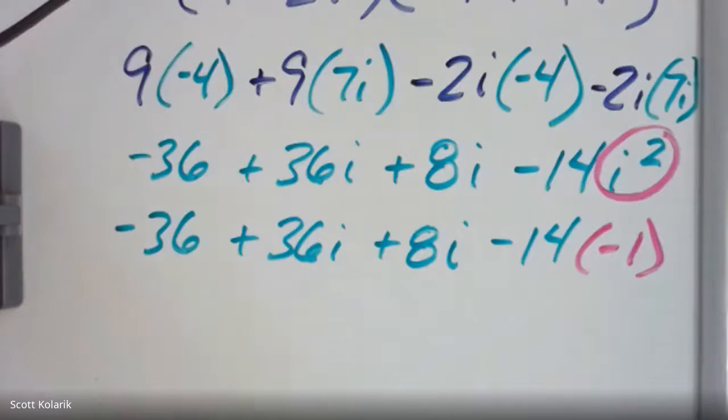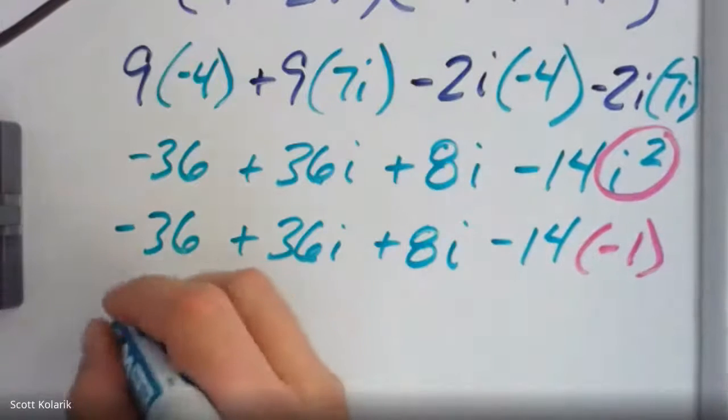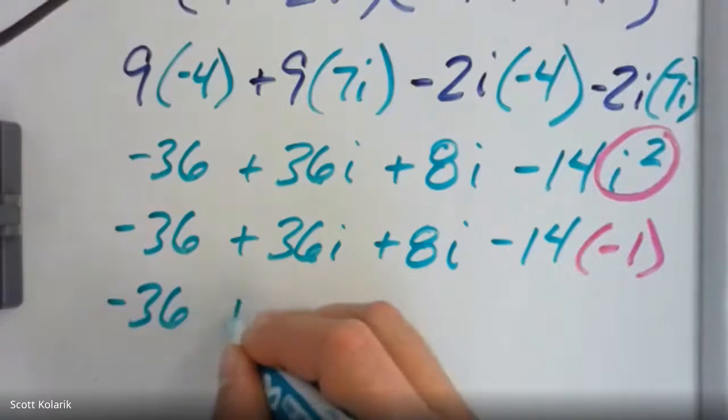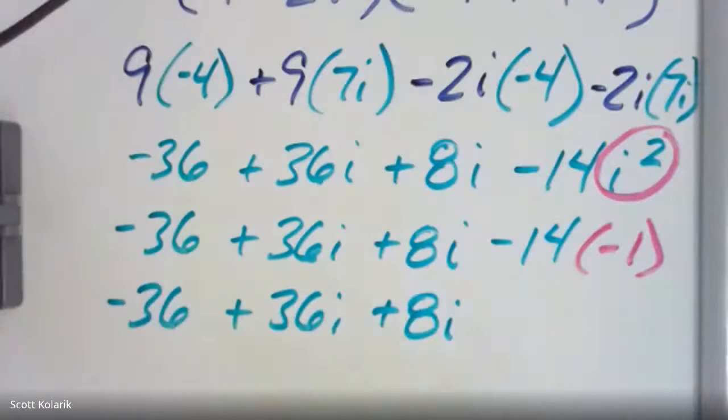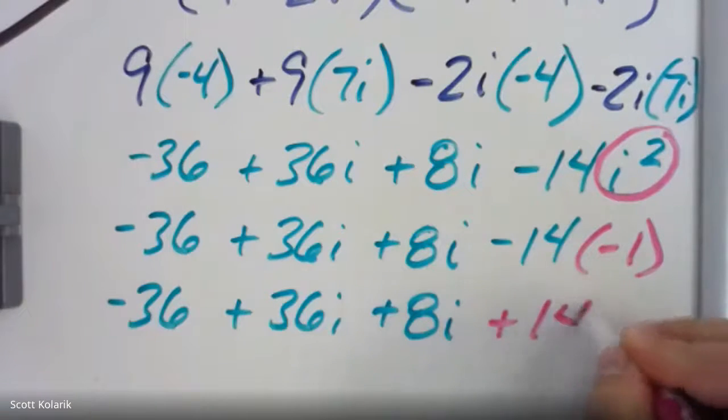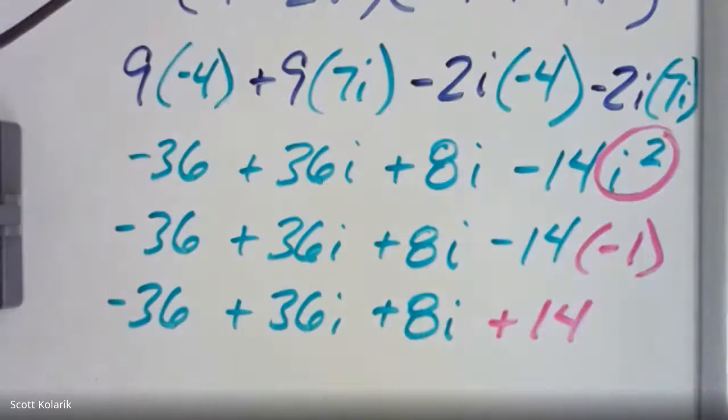And at this point, now I can do -14 times -1. That will give me a +14. So everything else stays the same right here, just as if it was a regular variable. But now -14 times a -1 is going to give me a +14. The negatives cancel there.